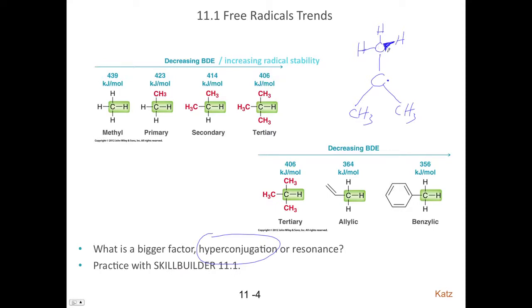Where hyperconjugation comes in is that when you have all of these things feeding down some electron density into the species here, just like this buildup of electron density around that carbon, this electron here feels that, and this feels the electron density here. So this also funnels down into this as well.